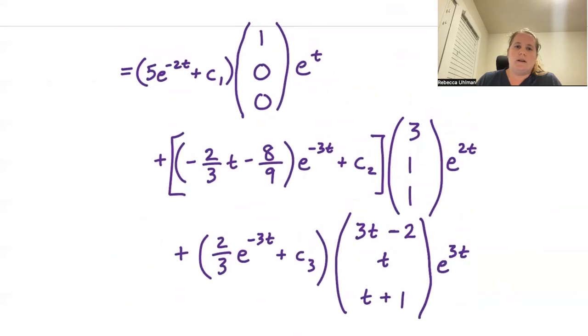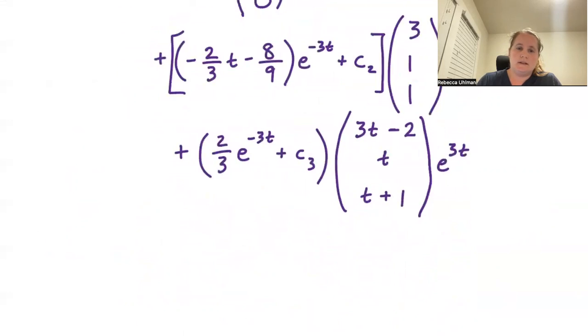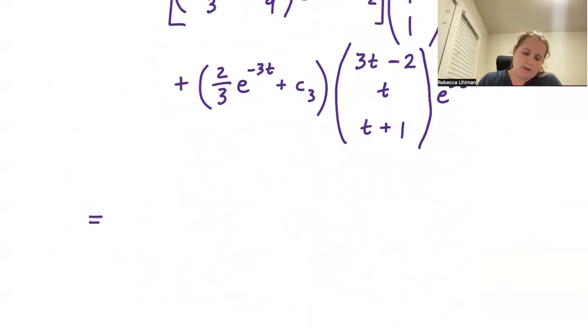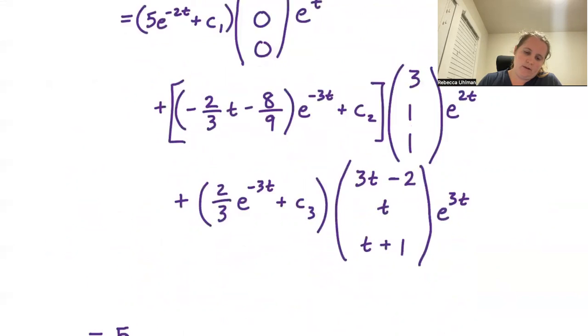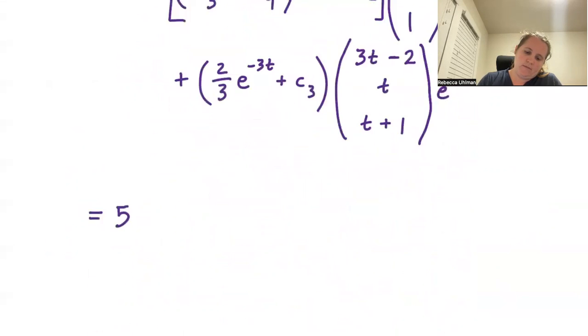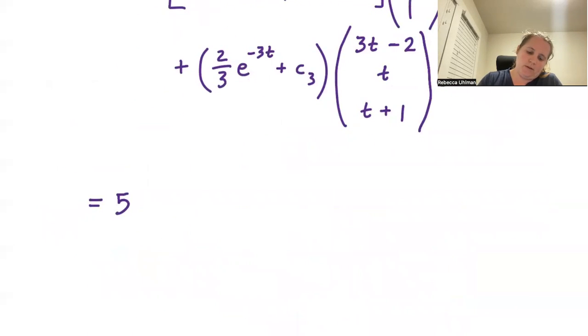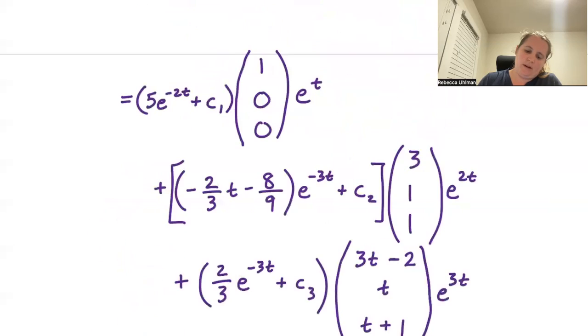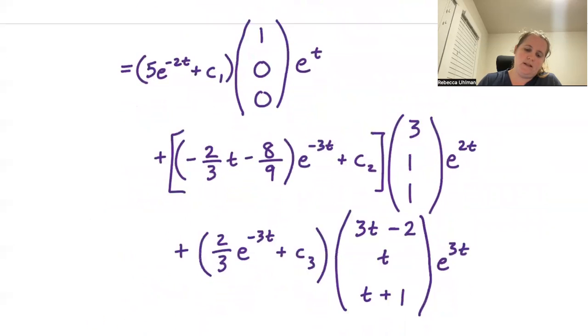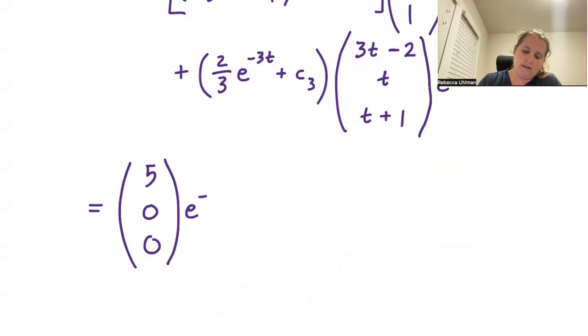So we can go ahead and rearrange this if we like. This becomes 5 times 1, 0, 0, and then we have e to the negative 2t times e to the t is e to the negative t.